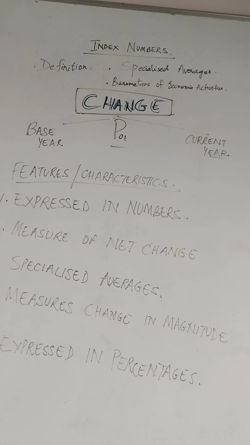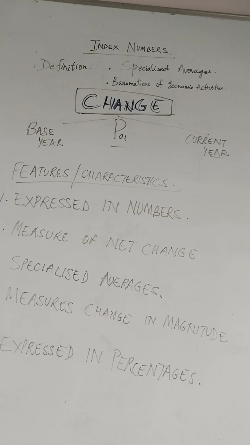That is why, according to Blair, B-L-A-I-R, index numbers are specialized types of averages. Averages like mean, median and mode are used to compare series expressed in the same units. Unlike these simple averages, index numbers are used for comparison where two or more series are expressed in different units. That is why they are called a specialized type of average.